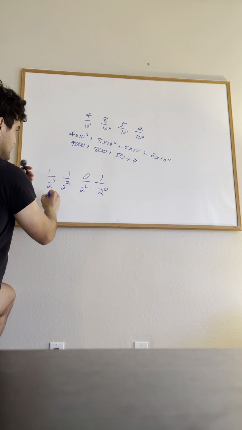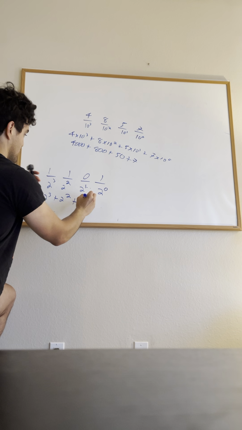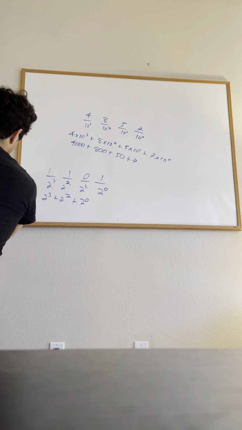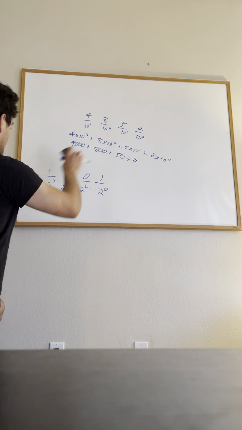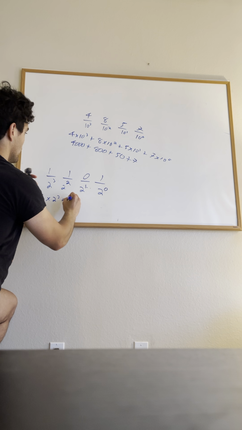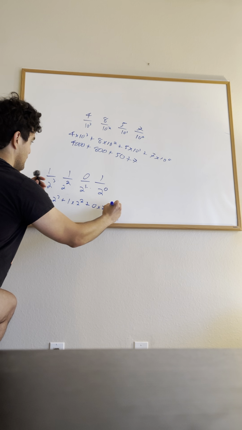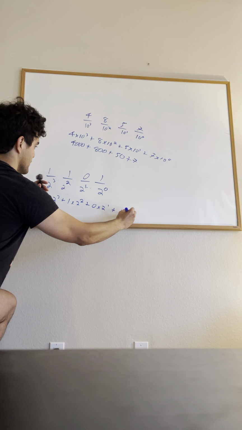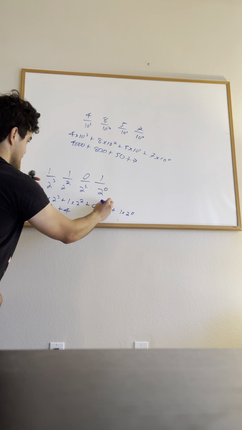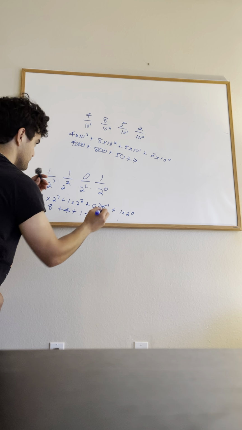This is going to be 2 to the 3 plus 2 to the 2 plus 2 to the 0. Maybe a more explicit way to write this down, to match what's up there: 1 times 2 to the 3 plus 1 times 2 to the 2 plus 0 times 2 to the 1 plus 1 times 2 to the 0. So we have 8 plus 4, this is 0, and then plus 1. This will give us 13.